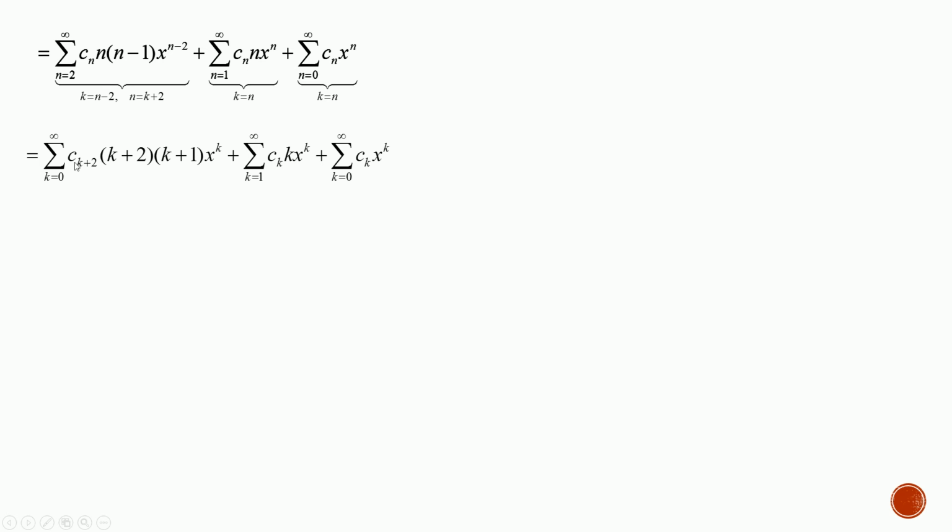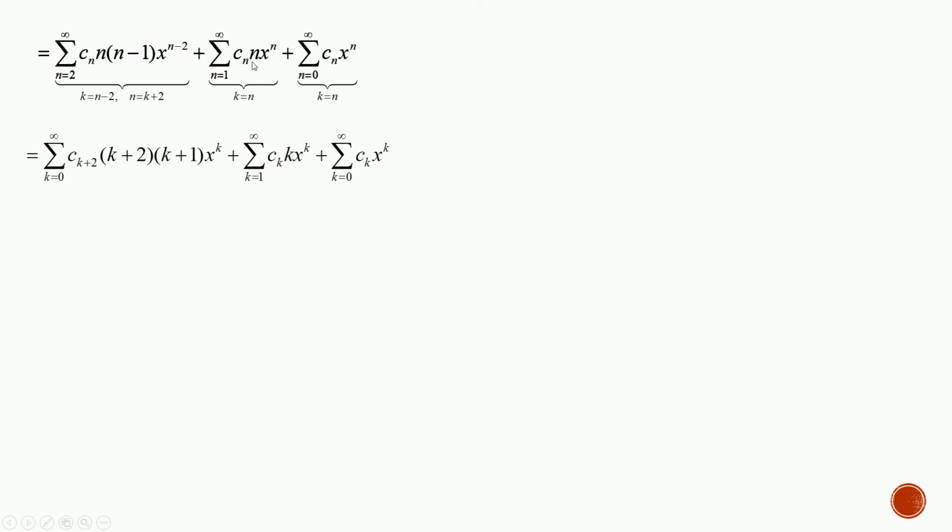So making those substitutions, when n is 2, k is going to be 2 take away 2, which is 0. Then I get c, n is k plus 2, n is k plus 2, n minus 1 is k plus 2 minus 1, or k plus 1, and then x to the k.